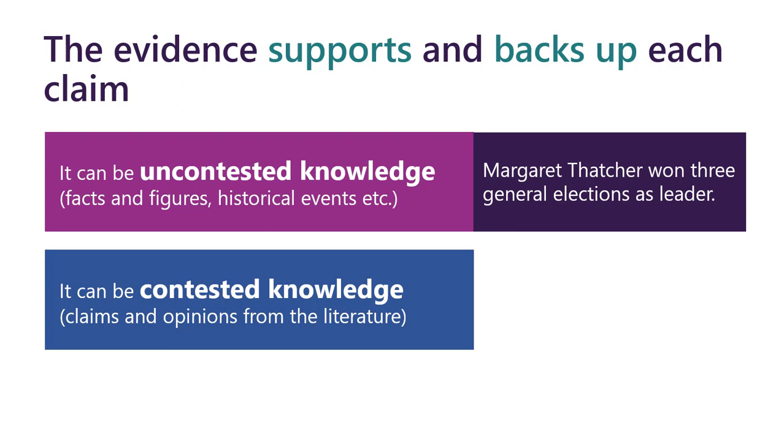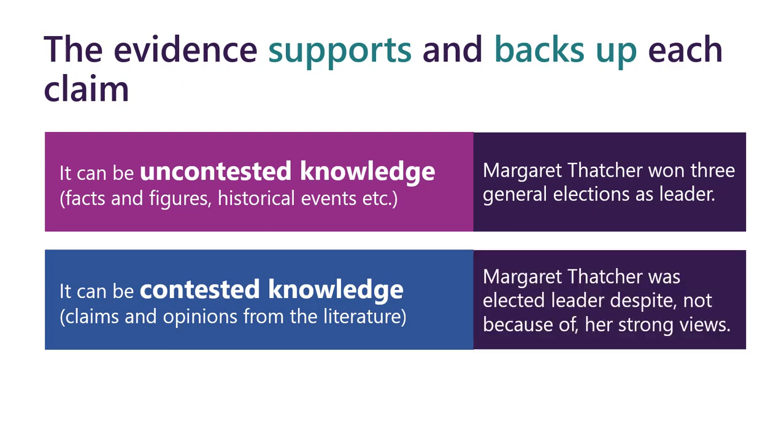Other forms of evidence are contested knowledge. These are claims and opinions from the literature, not necessarily definite truths. For example, Margaret Thatcher was elected leader despite, not because, of her strong views. This is an opinion of a particular author.